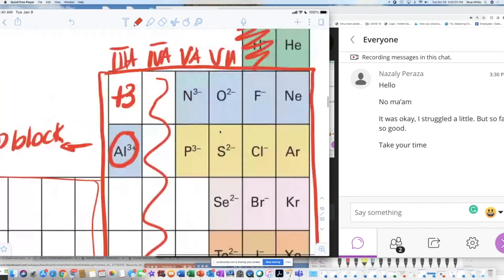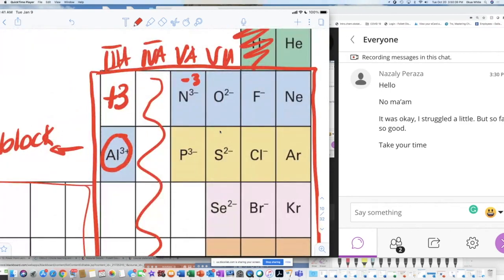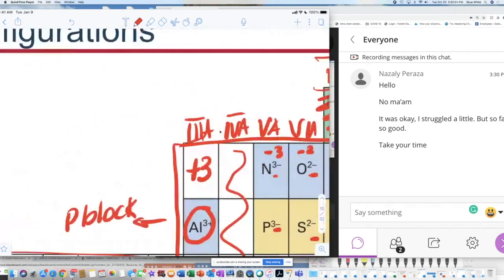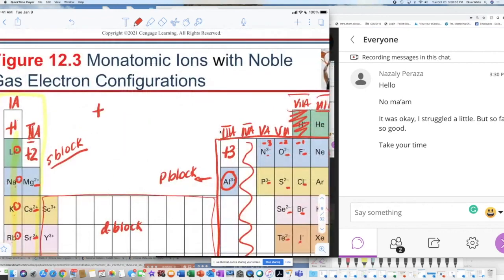And look over here. Look at the trend. Minus 3, right? Minus 2, right? See that? Minus 1. So it's like a palindrome, right? Where the charges are plus 1, plus 2, plus 3, skip, minus 3, minus 2, minus 1, skip.